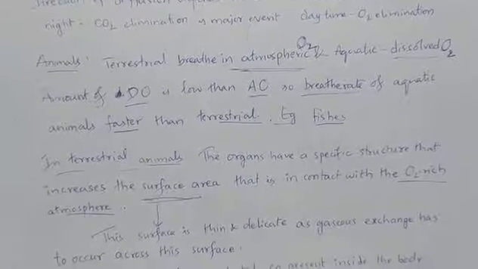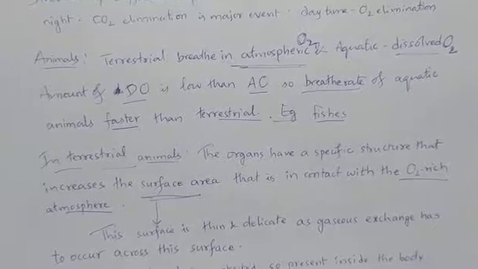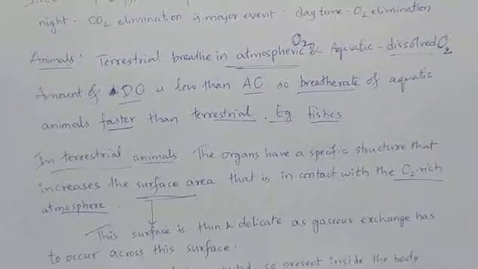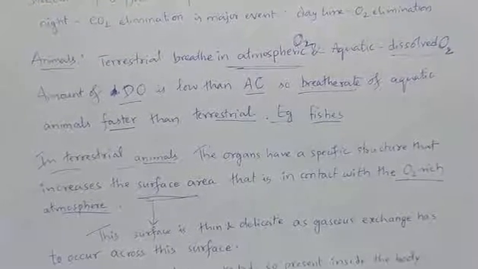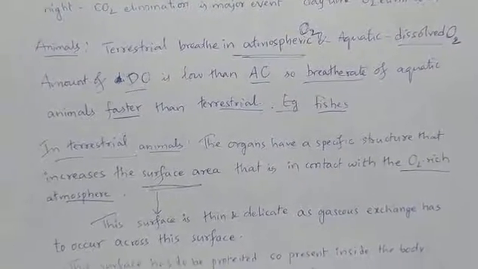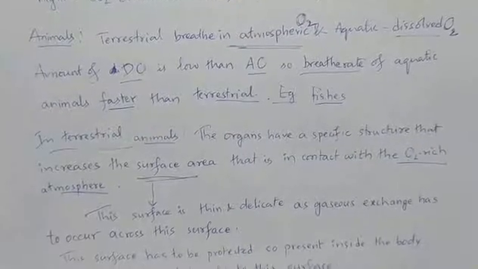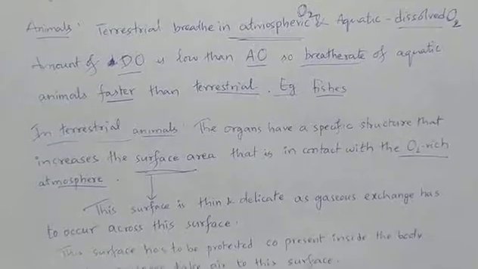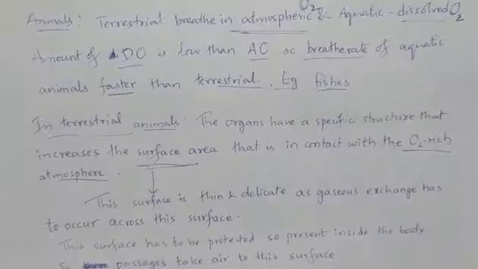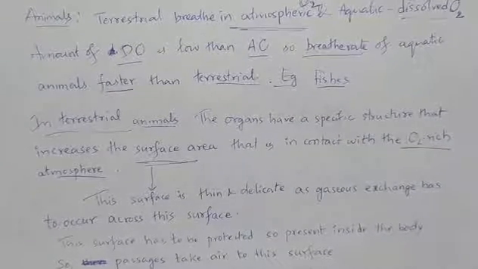In animals, especially, two types of animals are there: terrestrial animals and aquatic animals. The terrestrial animals breathe in atmospheric oxygen, and the aquatic animals breathe in dissolved oxygen. The amount of oxygen in the form of dissolved oxygen is very low, lower than atmospheric oxygen.